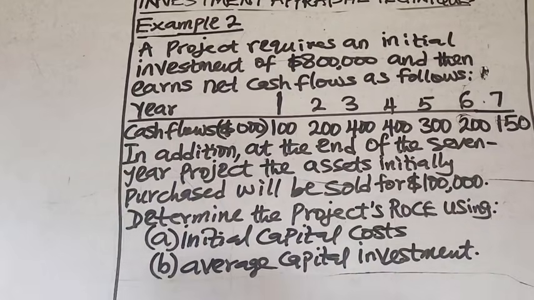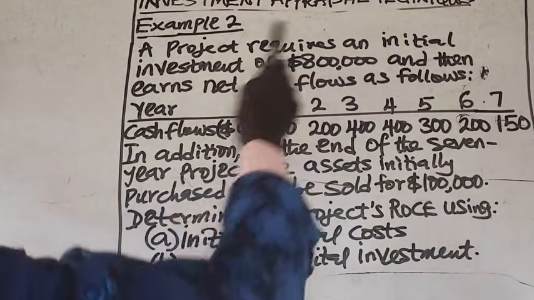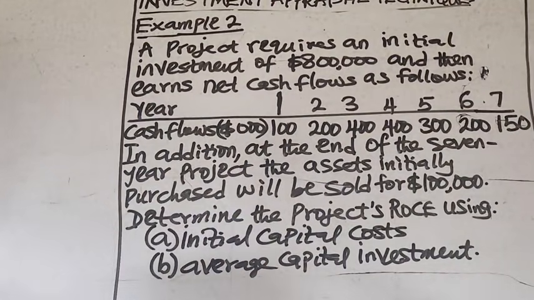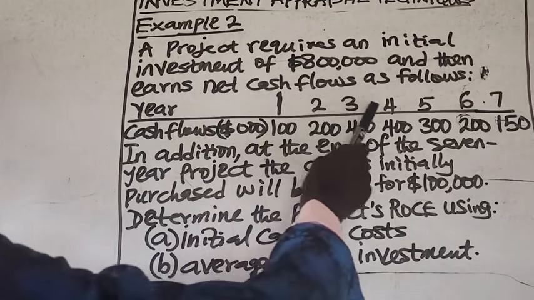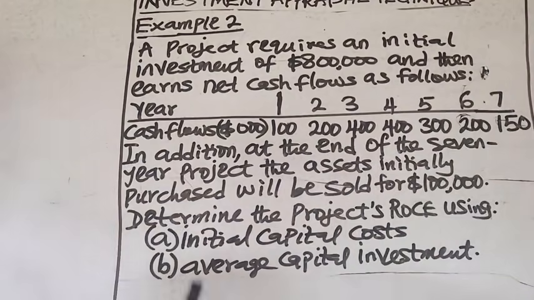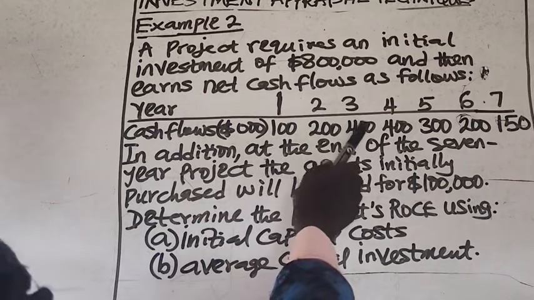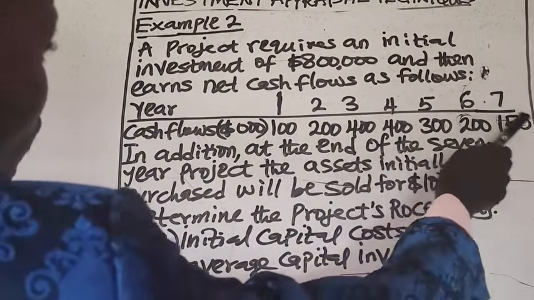Example 2. A project requires an initial investment of $800,000 and then earns net cash flows as follows. We have years 1, 2, 3, 4, 5, 6, and 7. Cash flows in $1,000: 100, 200, 400, 400, 300, 200, 150.